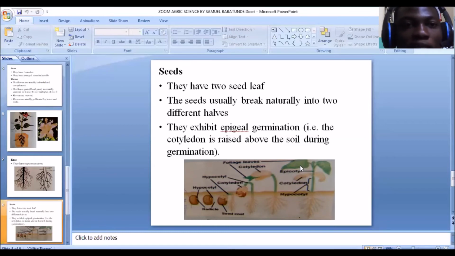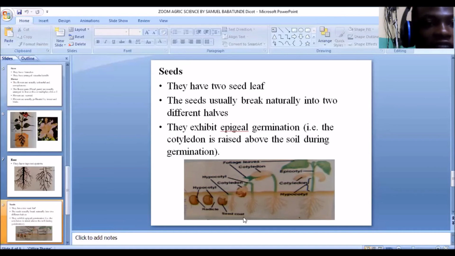So epigeal simply means the cotyledon is above the ground during germination. But when you hear the word hypogeal, it simply means the cotyledon is below the ground during germination. And the hypogeal is the main characteristic of the monocot plants, while the epigeal is the main characteristic of those exhibited by a dicotyledonous plant.